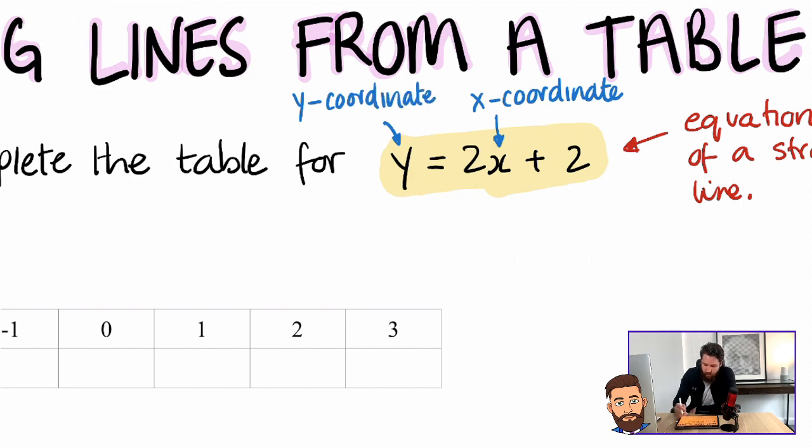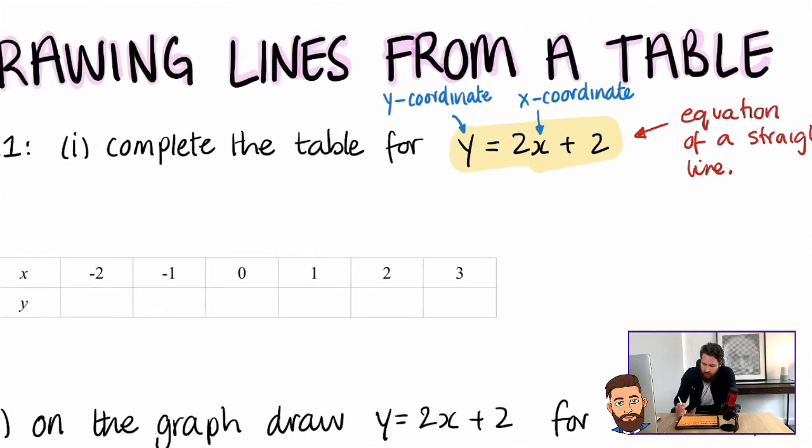Okay, why is that useful? Well, that means that I can substitute values in for x or y to get the other one. So this is an equation with two unknowns, and if I replace one of these unknowns, and we have looked at substitution with the sequences stuff, question 1 on the starter was substitution, and replace the x, for example, with a number, we can then work out what y is.